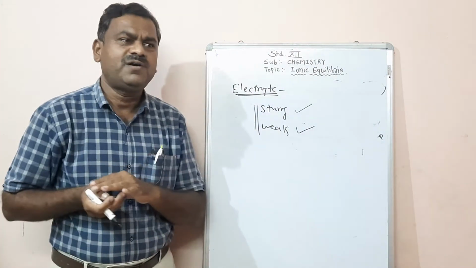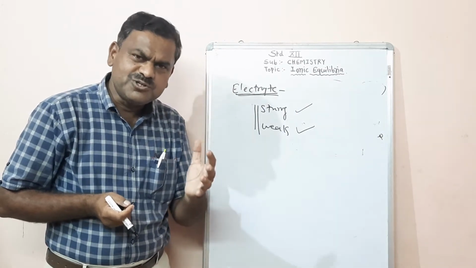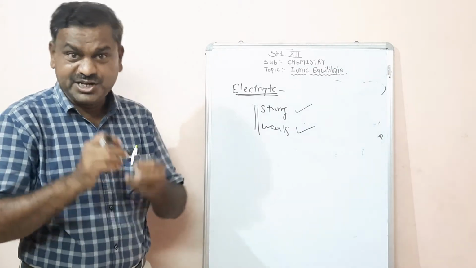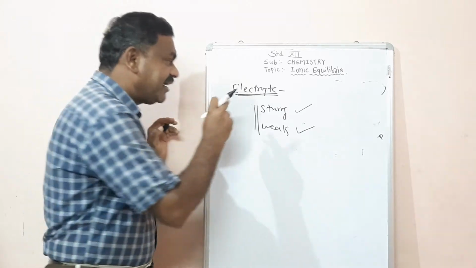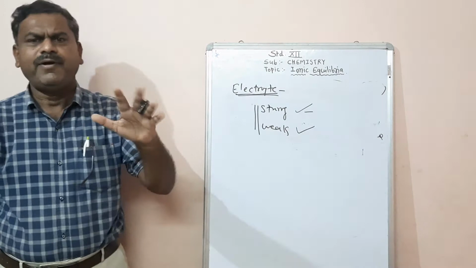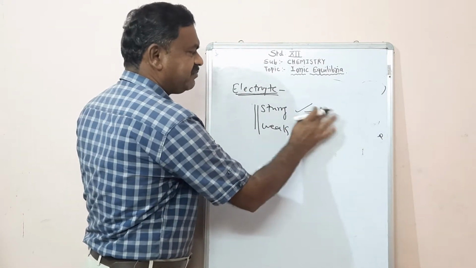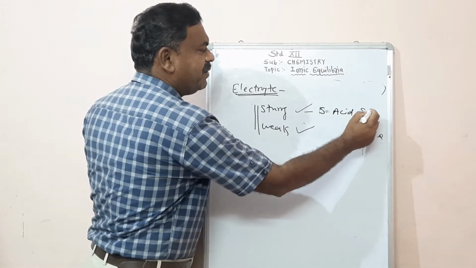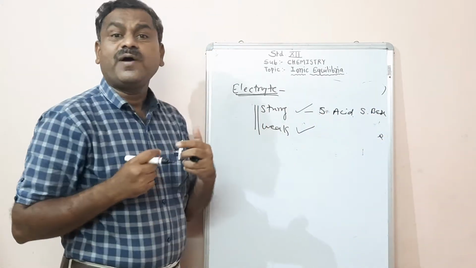Strong electrolyte means what? An electrolyte, a substance, which dissolves completely, almost completely, is known as a strong electrolyte. For example, a strong acid or a strong base.